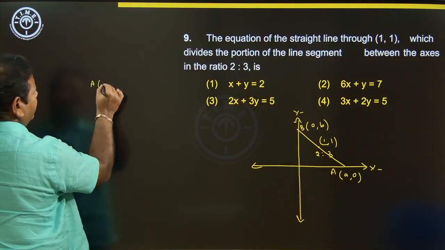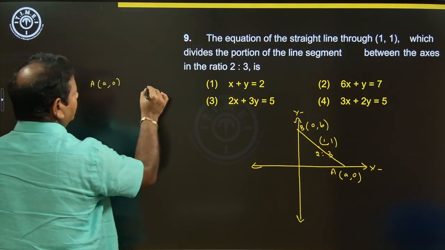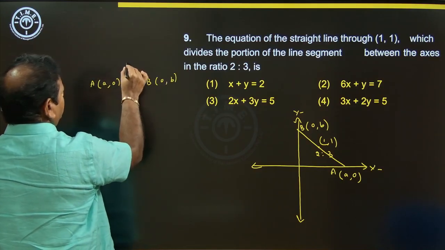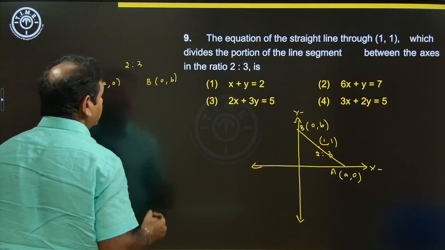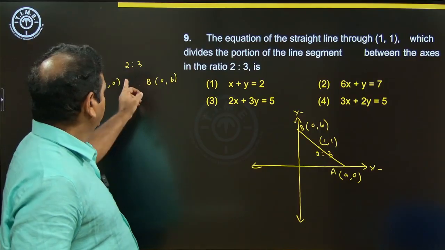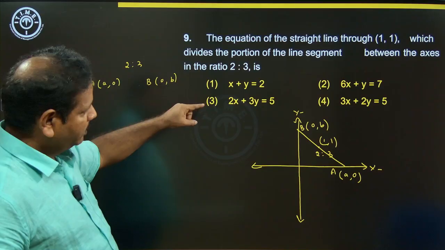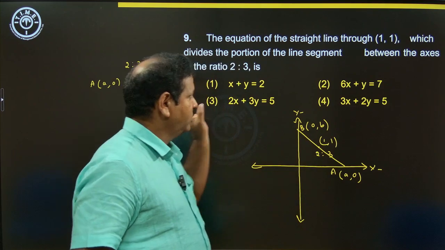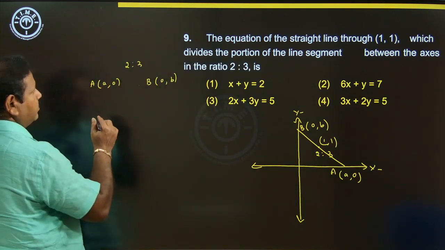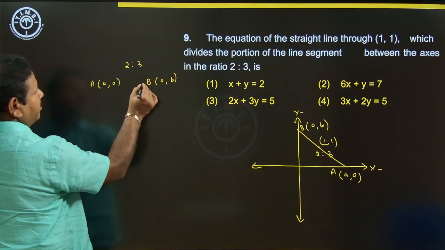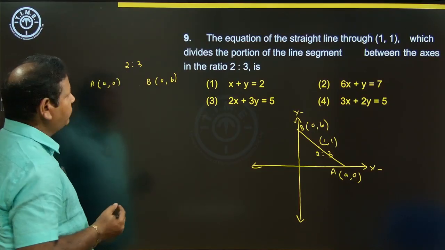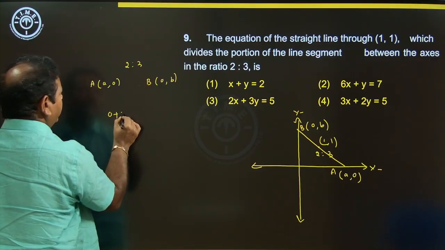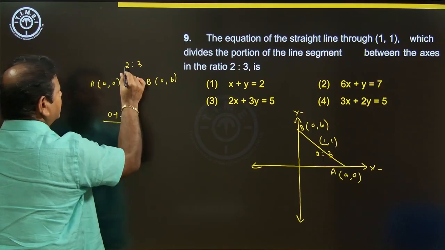A is A comma 0, B is 0 comma B. The portion between A and B is divided by the point 1 comma 1 in the ratio of 2:3. లైన్ మనకు 1 comma 1 నుంచి పాస్ అవుతుంది. ఈ 1 comma 1 ఏబీని 2:3 రేషియో డివైడ్ చేస్తుందని చెప్పాడు. ఇలా క్యాల్కులేట్ దిస్ వన్. మనం పాయింట్ ఫైండ్ అవుట్ చేయొచ్చు కదా. ఎస్, section formula: (m x2 plus n x1) by (m plus n). 2 into 0, 0, plus 3 into a, 3a, by m plus n, nothing but 2 plus 3, 5.